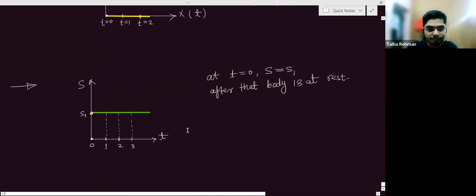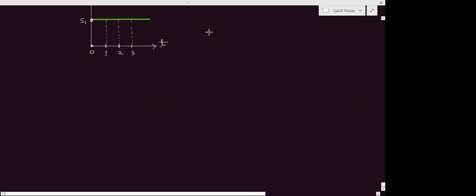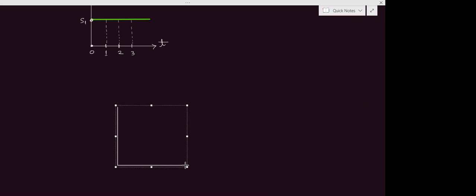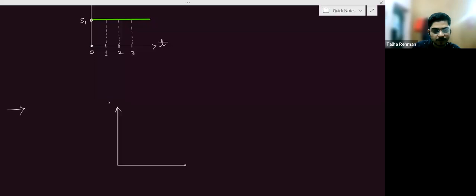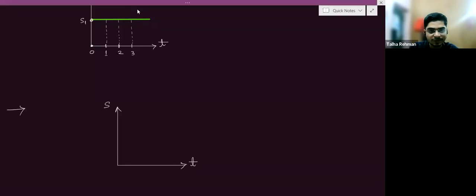Now, third graph. Here we have the displacement on the y-axis and the time on the x-axis. Suppose the graph is like this.